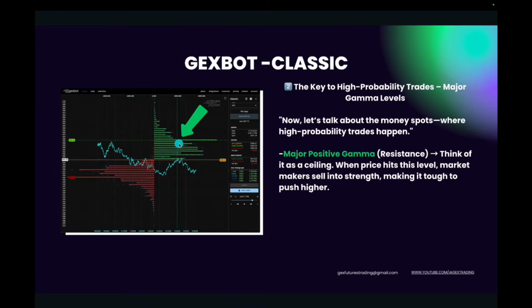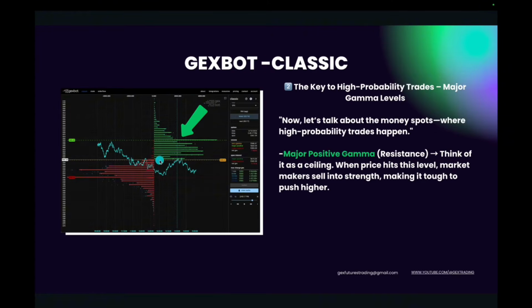When price hits this level or is very close to it, market makers sell into strength, making it tough for price to push higher. But it's not that the market makers decide to sell futures at this level.